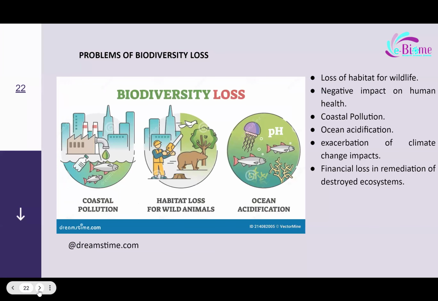So some of the main problems of biodiversity loss: we have loss of habitat for wildlife, negative impact on human health, coastal pollution, ocean acidification, exacerbation of climate change impact, financial loss in remediation of destroyed ecosystems. And the image here shows coastal pollution. Sometimes pipes from factories are channeled into the ocean.